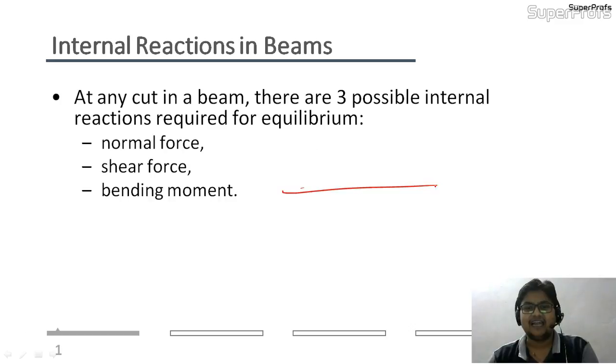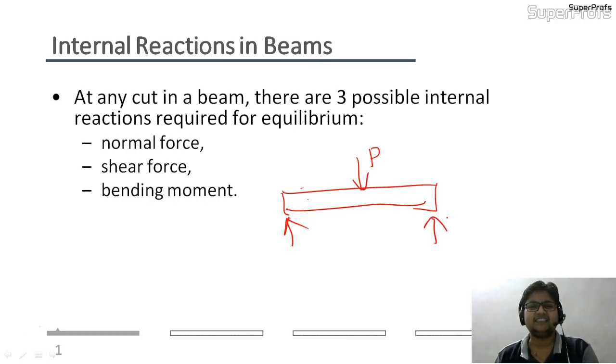Suppose this is my member, and I have applied a load P, and it is supported at the two ends. Suppose I cut this member here, with X as my section plane, that is, the cutting plane.